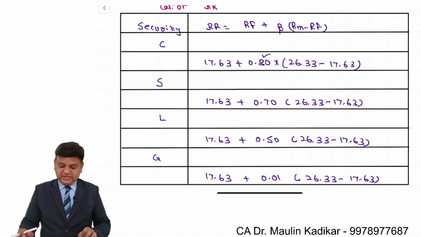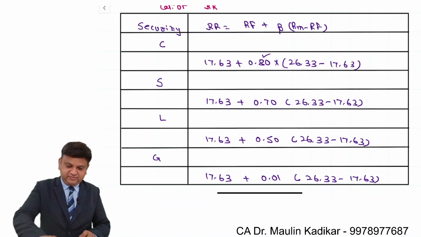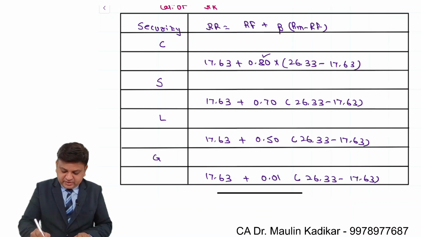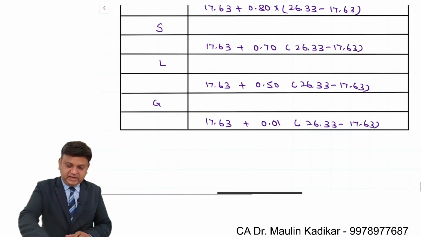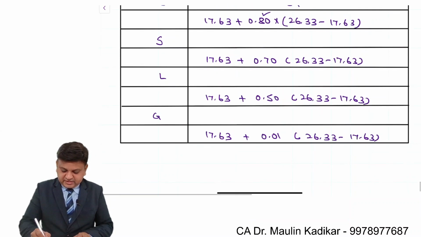RM minus RF is 8.7. 8.7 into 0.8, 6.96 plus 17.63. That is 24.59. Again 8.7 into 0.7 plus 17.63. That is 23.72.